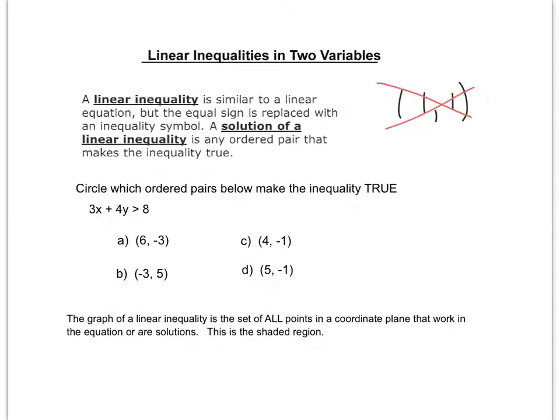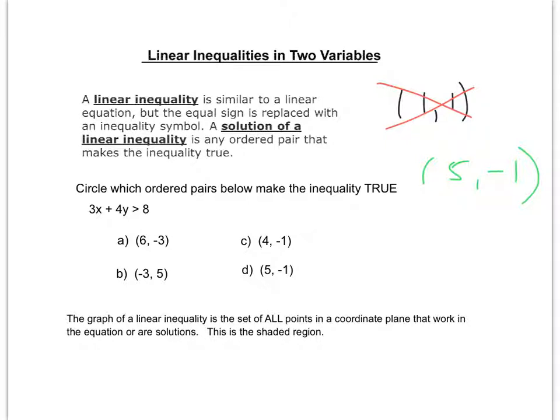However, if I had the ordered pair 5, comma negative 1, for example, 5, comma negative 1 would be a solution because when I throw in my x is 5, 3 times 5 is 15, plus 4 times y is negative 1, 4 times negative 1 is negative 4, 15 plus negative 4 is 11, 11 is greater than 8.